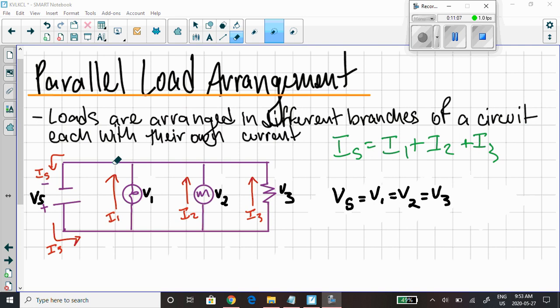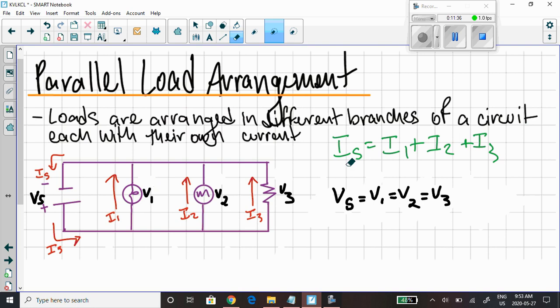And by the time the current gets to this point, current 1, 2, and 3 have all been recombined, and it goes back into here, and it's IS again. So the current that leaves the source and the current that comes back have to be the same. You don't lose current. There's no place to leak out electrons. It doesn't happen. All right? But what does happen is it's split into 3. Some goes here, some goes here, some goes here.